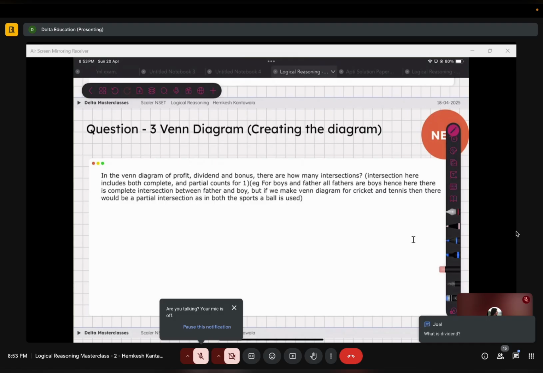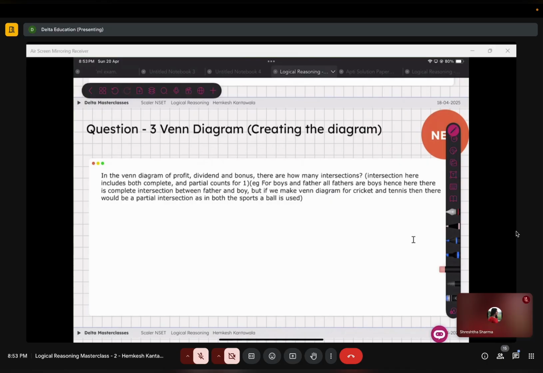What is dividend? Do you know something about stock markets? Companies give dividends on the stocks that you buy. It is a type of profit.